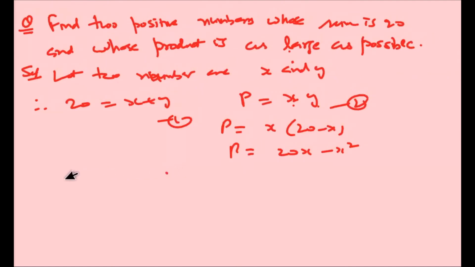Now using the basic concept, dP/dx = 20 into 1 minus 2x = 20 minus 2x.